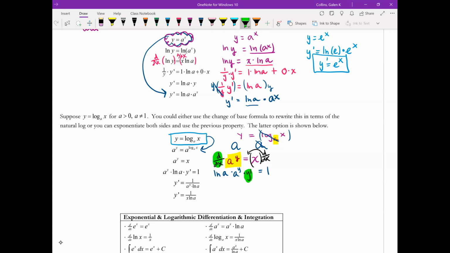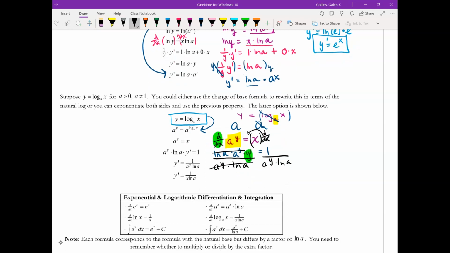So now if our goal is to isolate y prime, everything on the left-hand side of our equal sign, those are all factors, not terms. So we could just divide both sides by a to the y times the ln of a. When we do that, we now have y prime equals 1 over a to the y times the natural log of a.